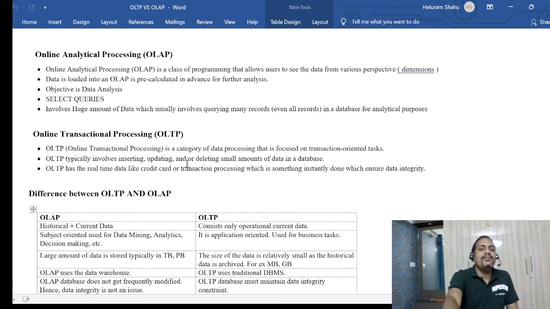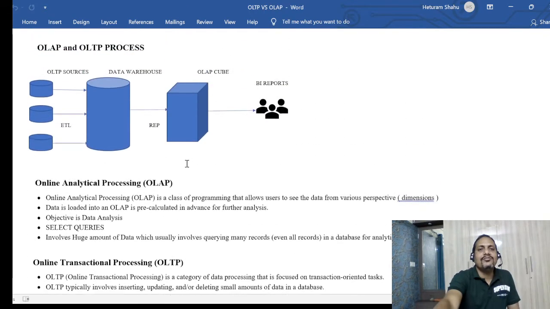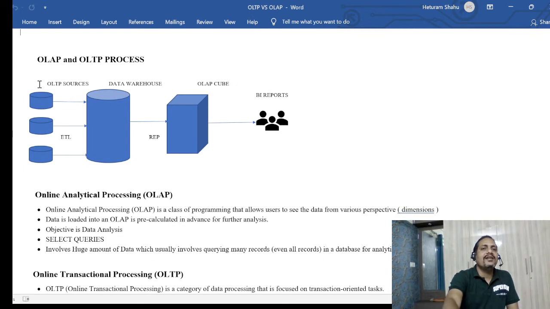So OLTP is nothing but the source systems where the data is originated or captured. In the case of a bank, this is the daily data: credit, debit, loan, or some other kind of operation happening on the database. These are individual updates, not bulk.